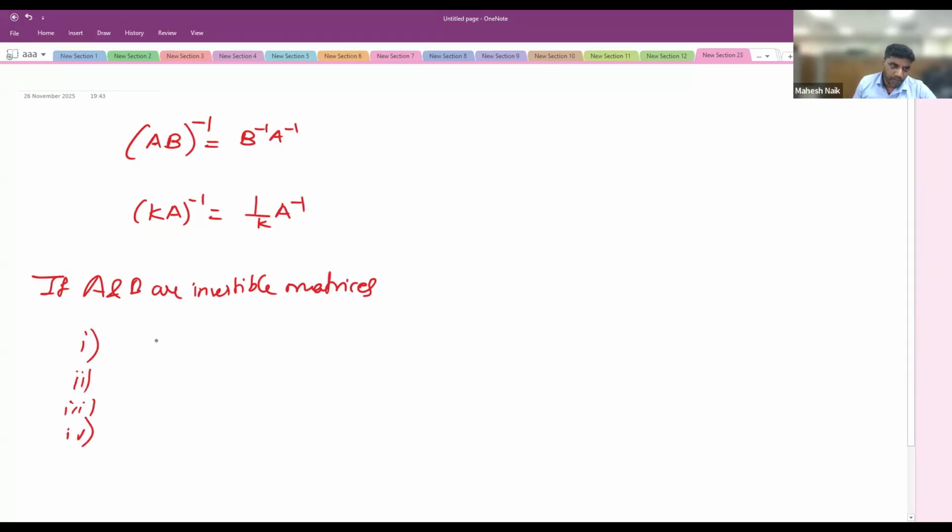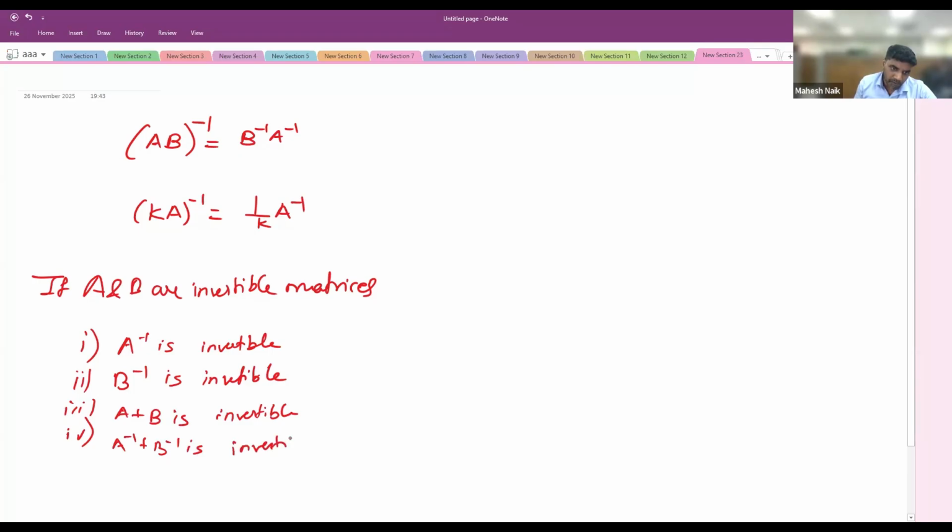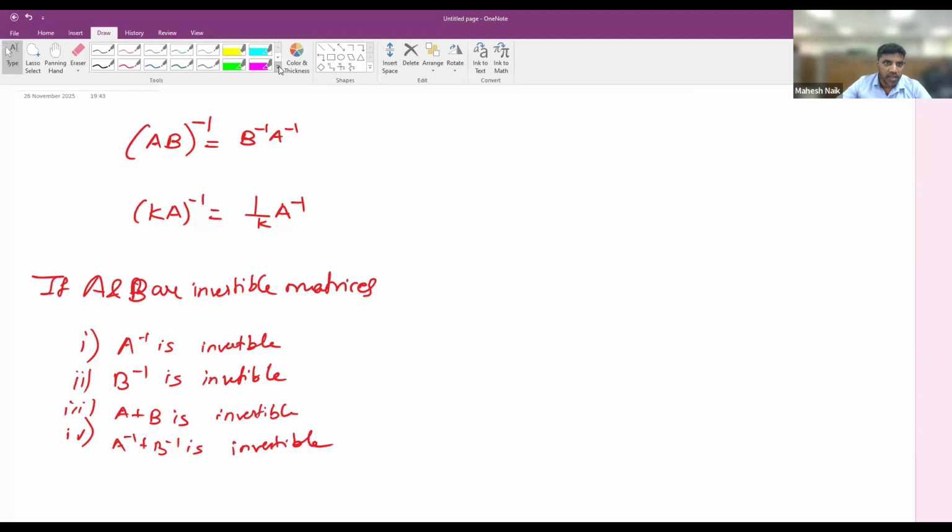Let's say A inverse is invertible, B inverse is invertible, A plus B is invertible, and A inverse plus B inverse is invertible. Okay, so what we know is A and B are invertible matrices, and we want to check these options if they are invertible or not.